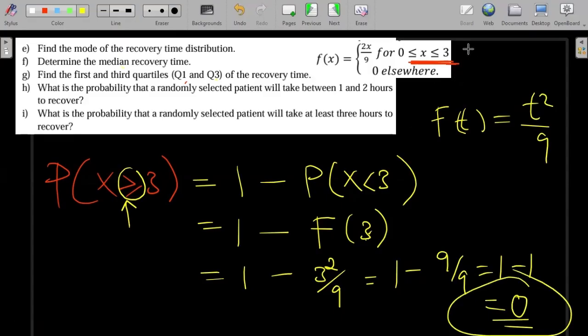Because 3 here is the highest point, so you can't go beyond that. So the probability of anything that is beyond 3 will just be 0. Okay, because it's not defined by this PDF that we've been given. Right, so that is it for this question.